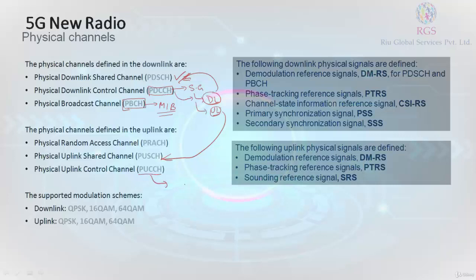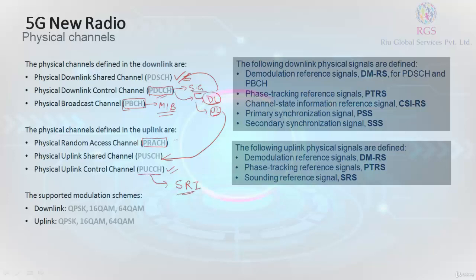This channel is used to send the scheduling request indication. So scheduling grant obviously will be given for uplink also in PDCCH, but how will you get the grant? That request will be generated by PUCCH.